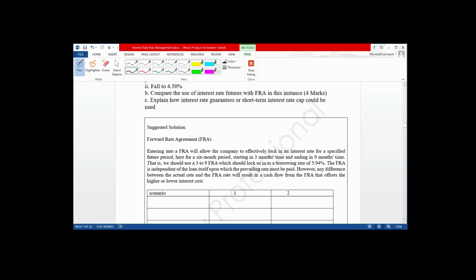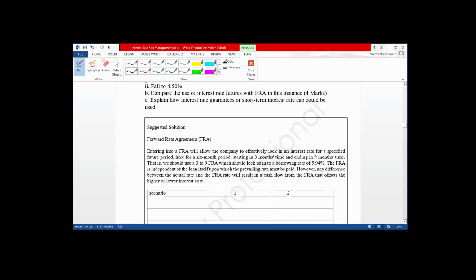This will lock the company into a fixed borrowing rate of 5.94%. The FRA rate is independent of the loan. The forward rate agreement is independent of the loan itself, upon which the prevailing interest rate must be paid.